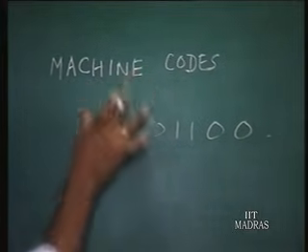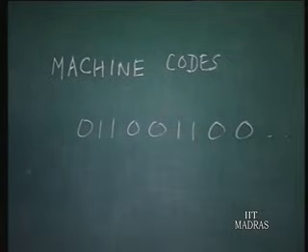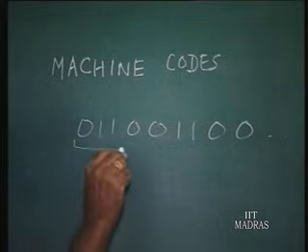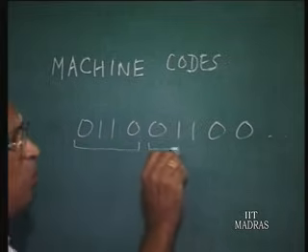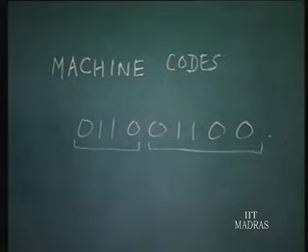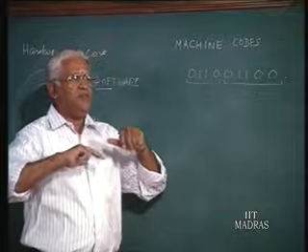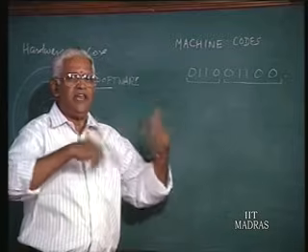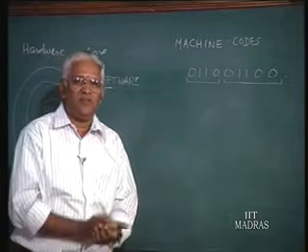So, this particular string is possibly a machine code conveying some information, like, let us say this part of the code will convey something and this part of the code will convey something else. Now, let us go back and recall. We said numbers are used for carrying out some arithmetic processing.